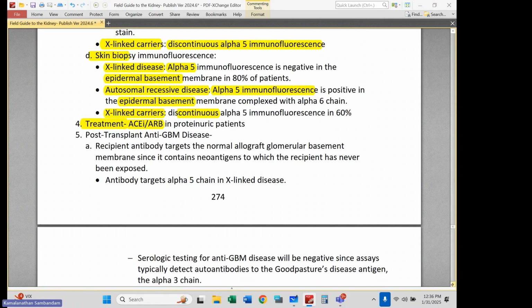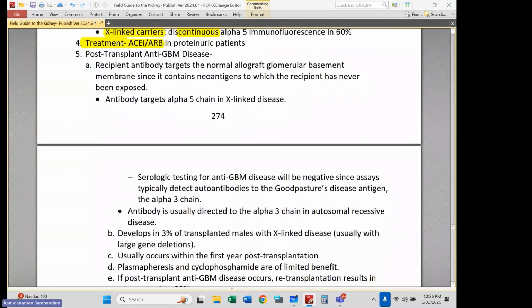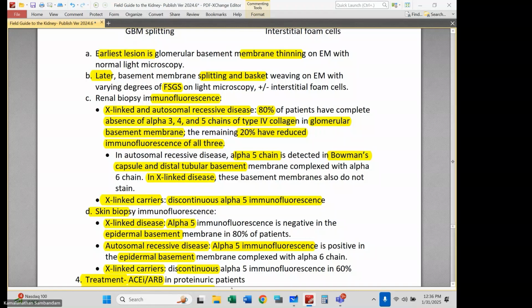Okay. Now, let's say a few words about this so-called post-transplant anti-GBM disease. This is interesting and somewhat complicated. So, get your thinking caps on. Okay. Now, the classic Goodpasture antigen, okay, is direct, where you have an autoantibody in a non-transplant patient, a native kidney patient.